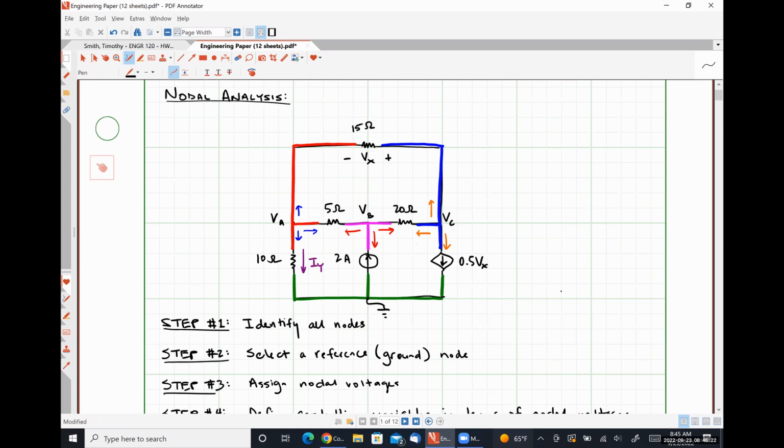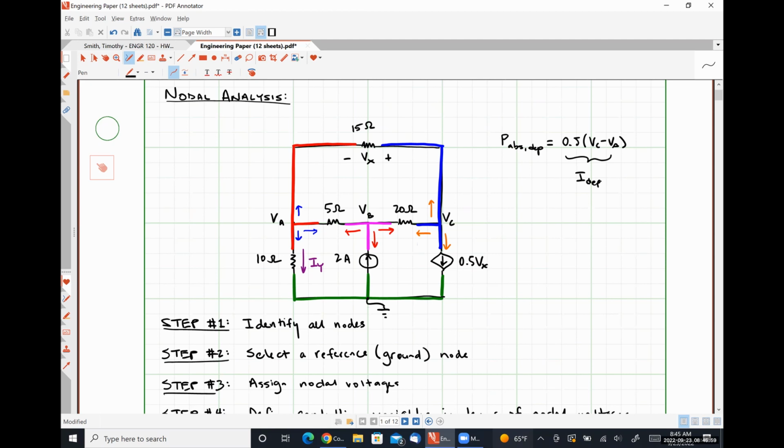So if I wanted to find the power absorbed by my dependent source, what would that be in terms of my nodal voltages? So we know that there is a current of 0.5 Vx, so that would be 0.5 (Vc minus Va), where this represents the current flowing through the dependent source.